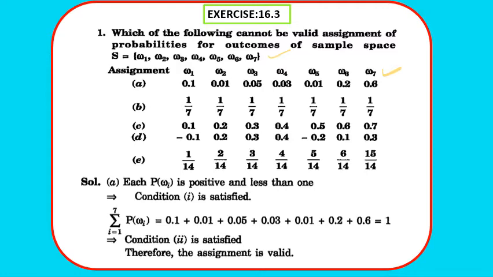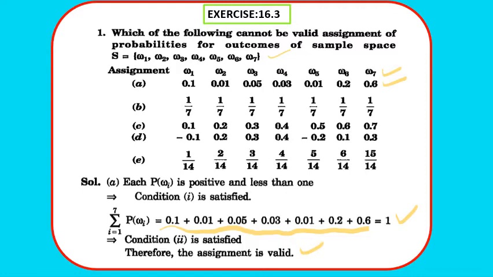So first we have A. Now all the probabilities of omega 1 to omega 7 are positive. So let us add. Adding all these, that is 0.1, 0.2, 0.5, 0.3, 0.1, 0.2 up to 0.6, we get a sum of 1. And since the sum of the probabilities is 1, therefore the assignment is valid.